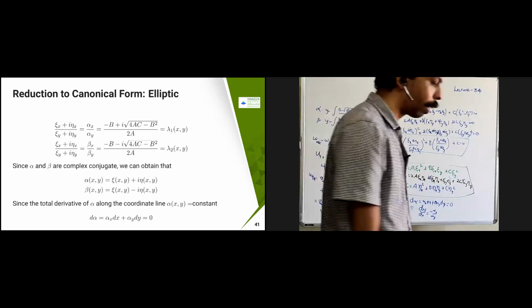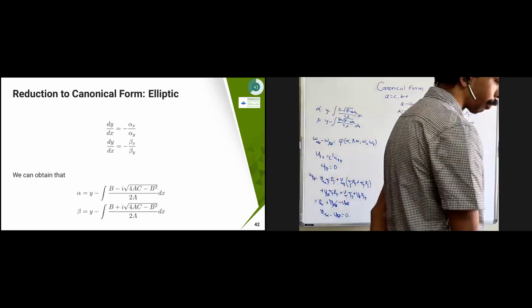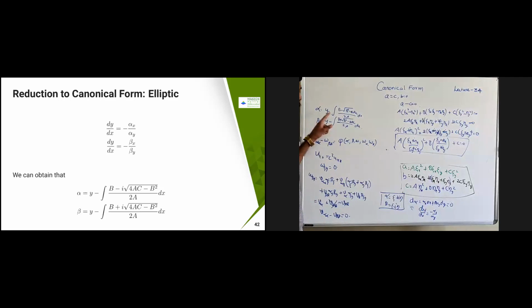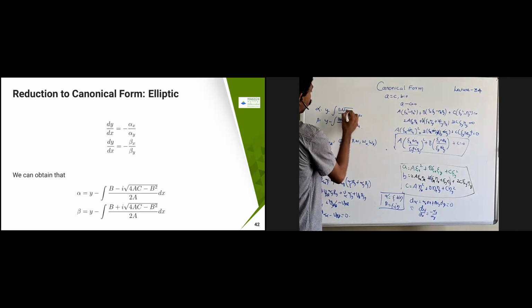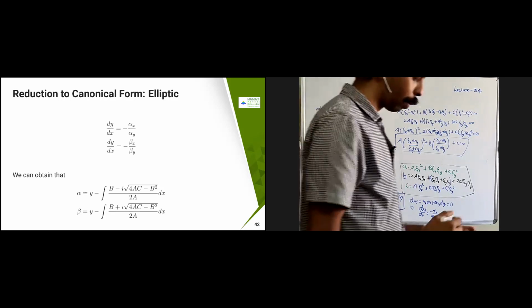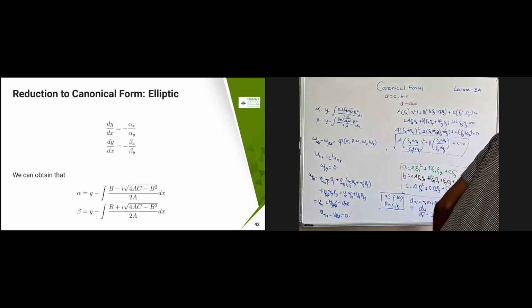Then your alpha, same kind of logic, your alpha is going to become y minus b minus i into, this is going to be the negative of this, square root of 4ac minus b squared. Similarly, here i into square root of 4ac minus b squared is going to come. Again, use the same kind of logic and then you can solve this problem.